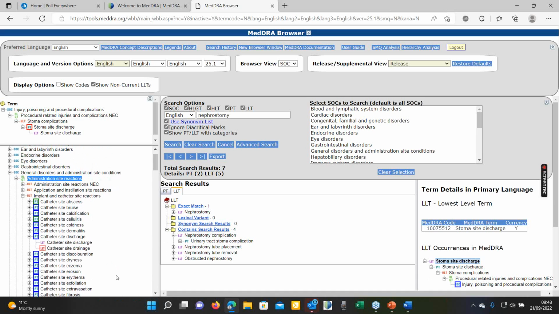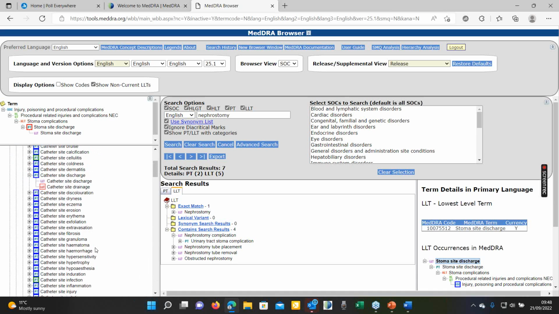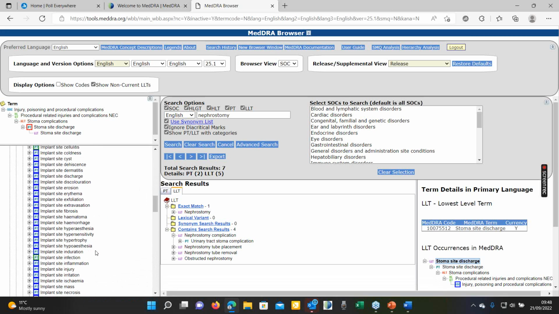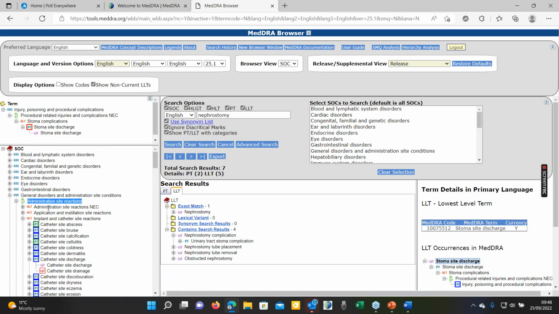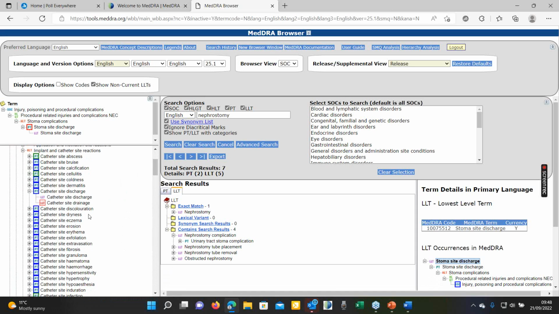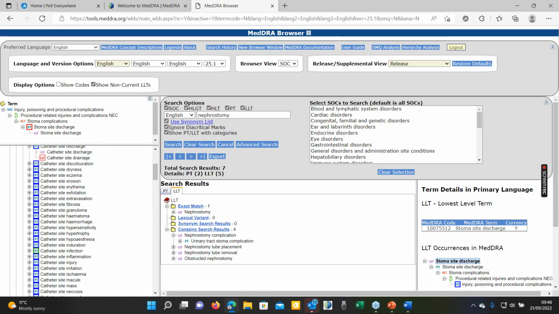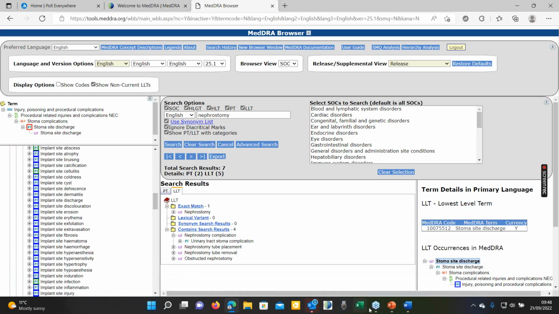Based on this hierarchy, looking at this HLGT, my preference would be the stoma site term, because it's not an application, it's not an administration site catheter. And of the two, it seems that it is regarded as a stoma. We saw the nephrostomy term in MedDRA.